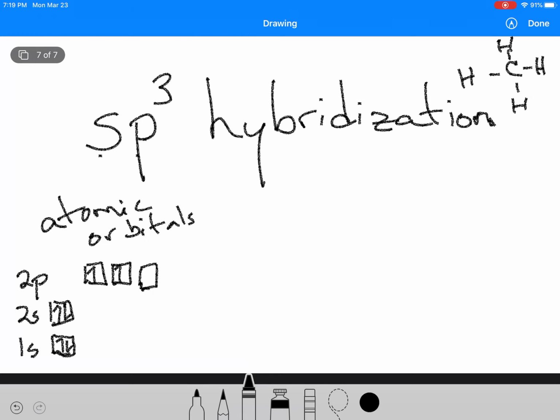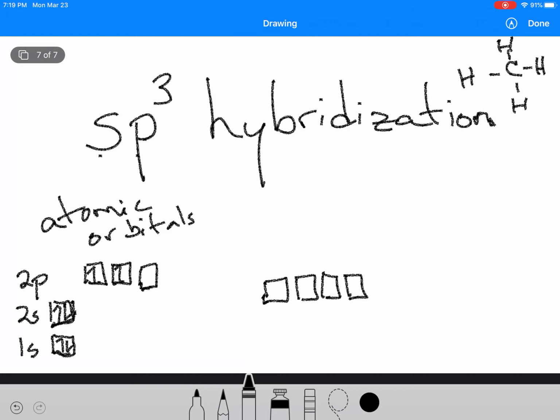And here is the idea, that this s orbital and these 3 p orbitals combine together, and they form, at an energy level that is higher than the s and slightly lower than the p, 4 bonding orbitals of equal energy.